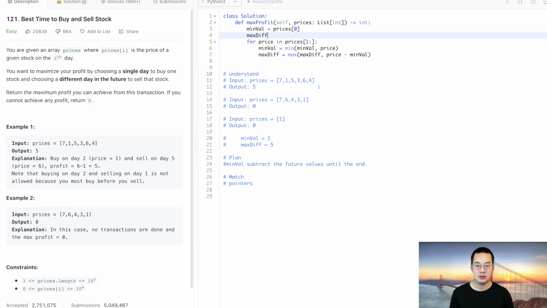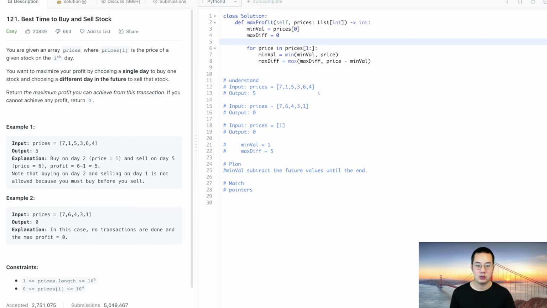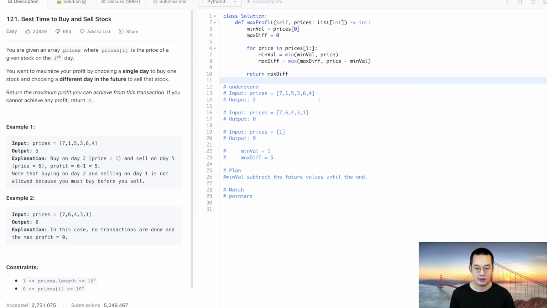Max diff is set to 0 at the start, and with that we return max diff as we have planned.